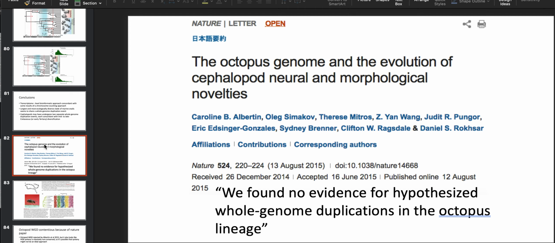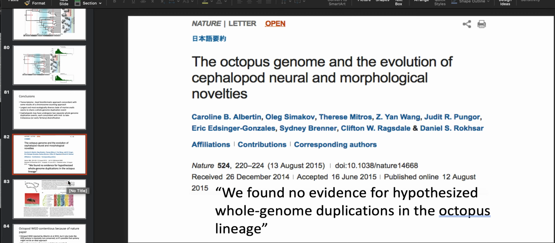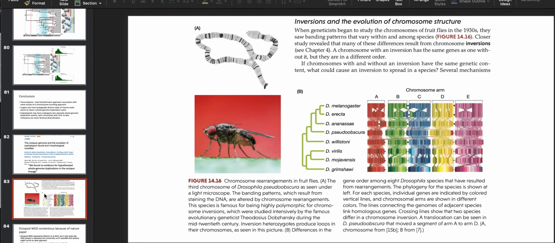So if there was a whole genome duplication event in cephalopods, we would expect it not only to result in a change in chromosome number, not only to result in that hump-shaped pattern of pairwise distances between paralogs, or between genes in the same gene family, but you'd also expect it to result in big regions of the genome that have the same order of genes. And so what this group was looking for was synteny.